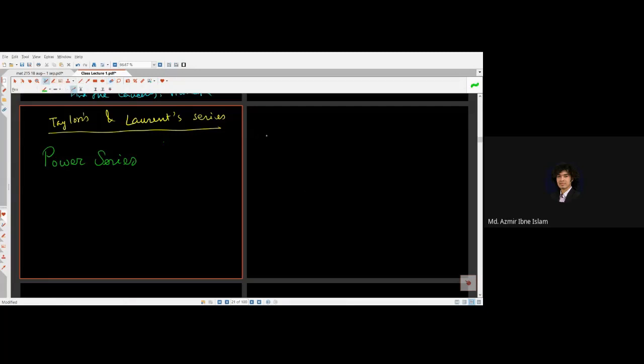Power series means, suppose we have e to the power z. You know that e to the power z can be written as 1 plus z plus z squared by factorial 2 plus z cubed by factorial 3 up to infinity.